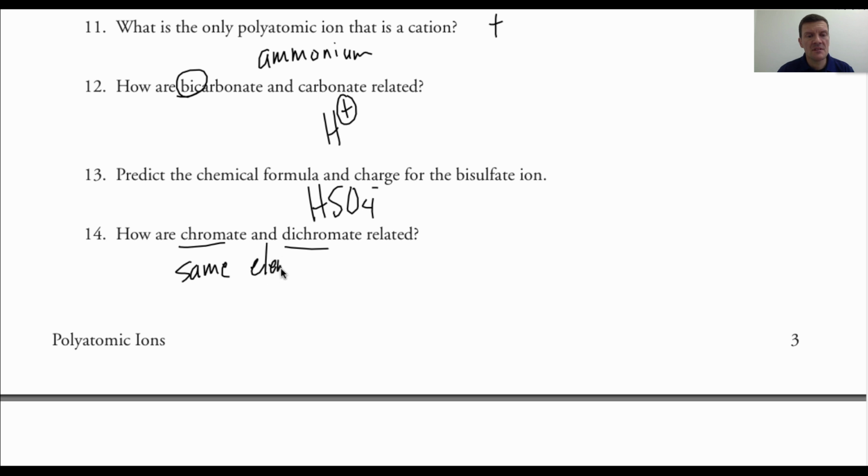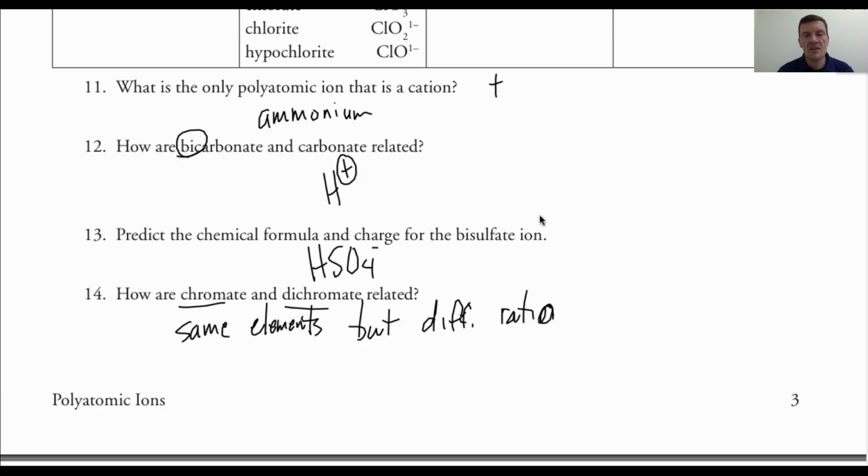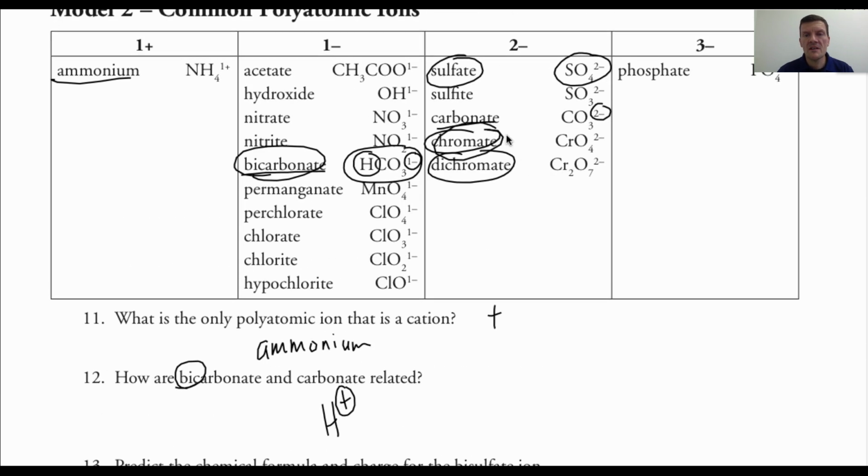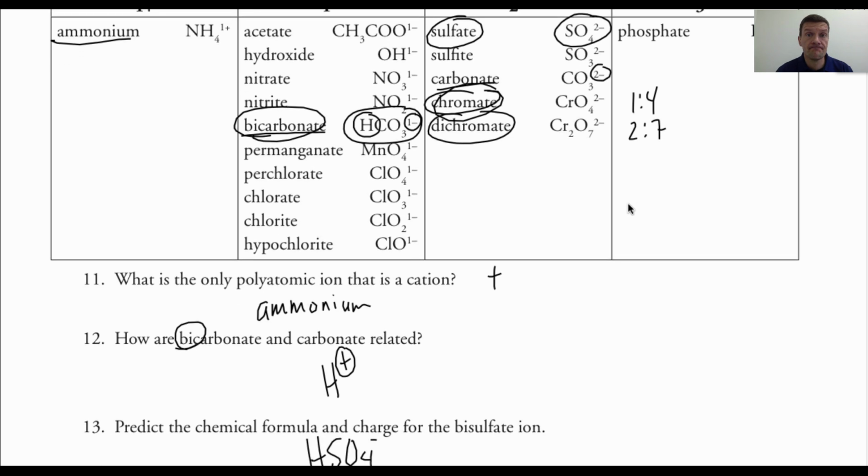So the chromate, the chromium and the oxygen are in a 1:4 ratio. Here the chromium and oxygen are in a 2:7 ratio. Okay?